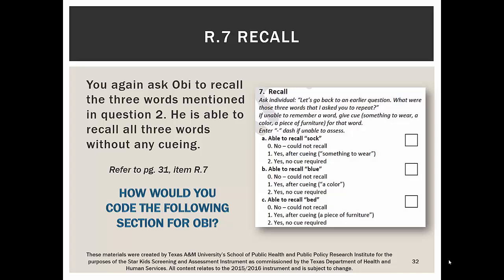R7, recall. You again ask Obi to recall the 3 words mentioned in question 2. He is able to recall all 3 words without cueing. How would you code the following section for Obi?